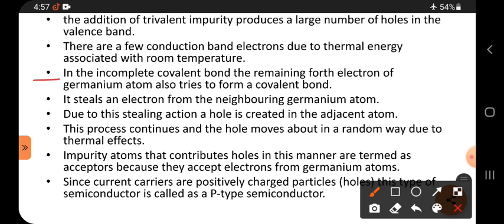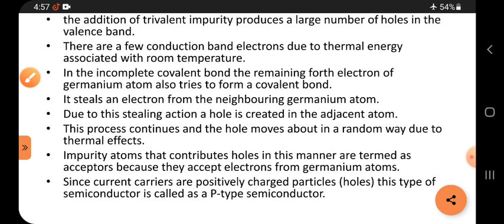So in the incomplete covalent bond, the remaining fourth electron of a germanium atom also tries to form a covalent bond. So just now I said, it steals an electron from the neighboring germanium atom. So the boron atom already has one hole. To fill this hole, this boron atom can steal one electron from the neighboring germanium atom and it will be filled, and here a hole will be created.